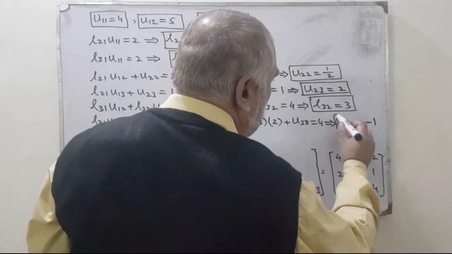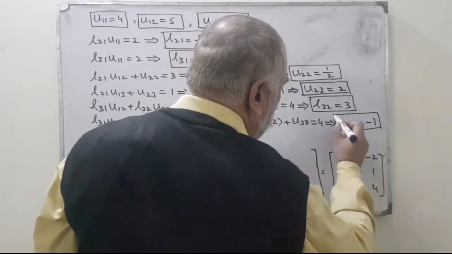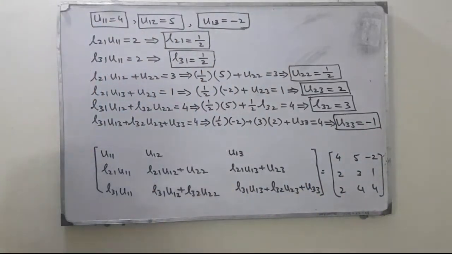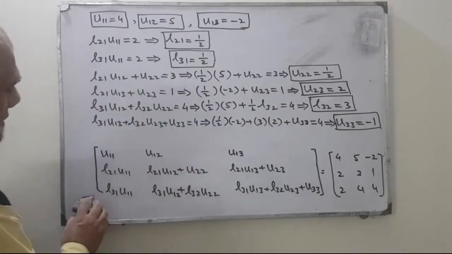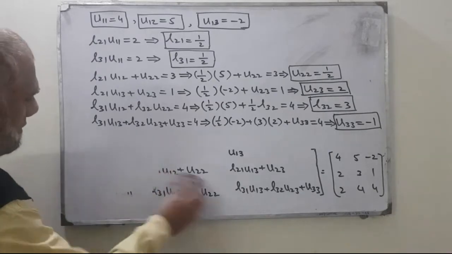Okay, so here you can see ultimately we succeeded in finding all the 9 unknowns for LU. So after this, now we can rewrite LU by putting all these values. So let's erase from here.